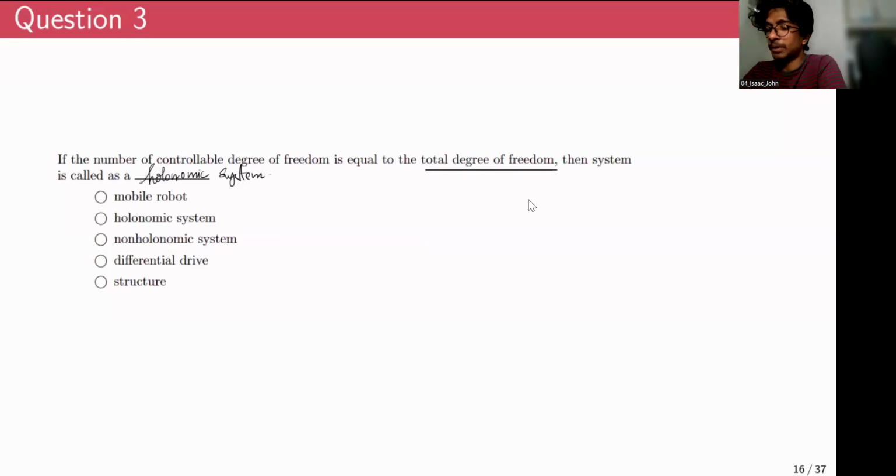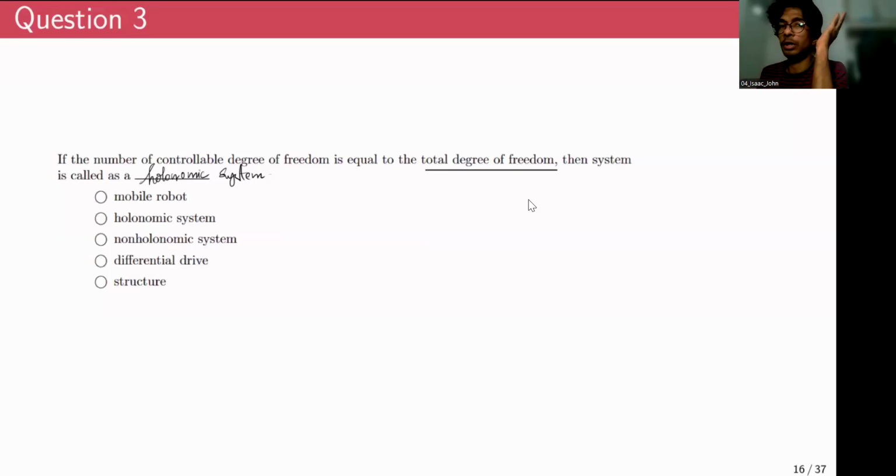The total degrees of freedom is the number of independent parameters that you would require to fully describe a rigid body, or in our case, a mobile robot.